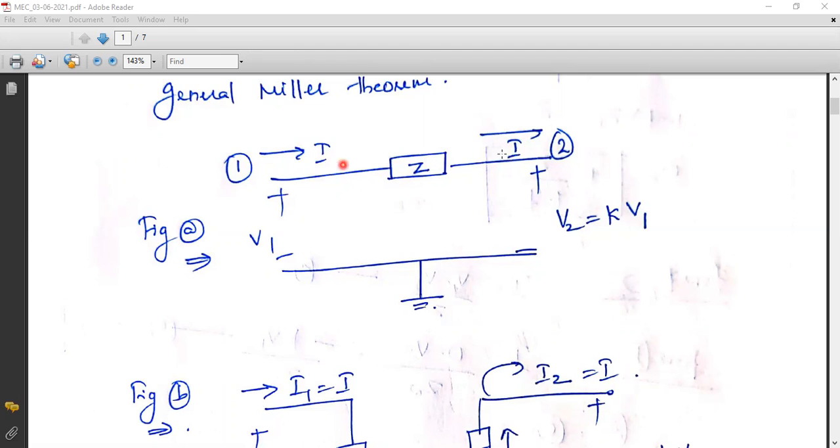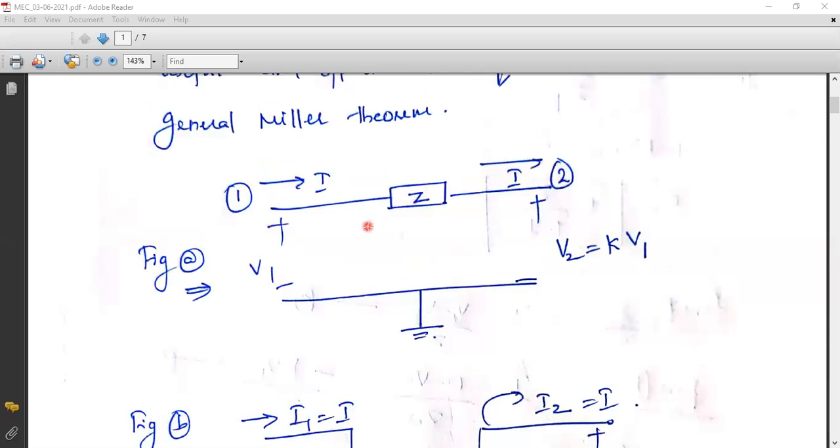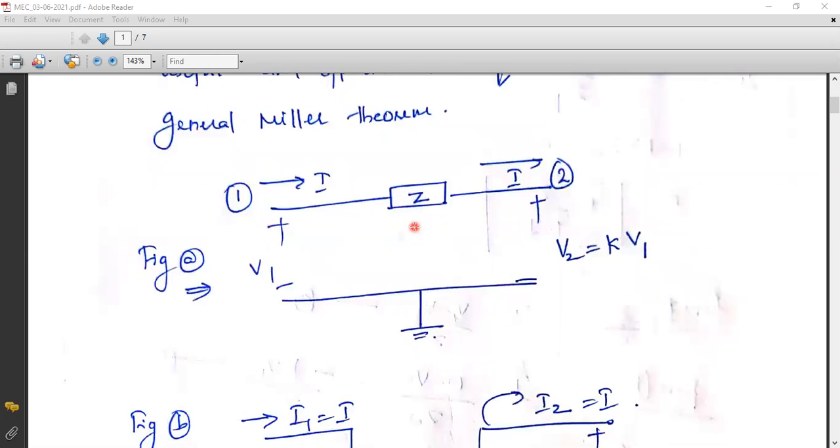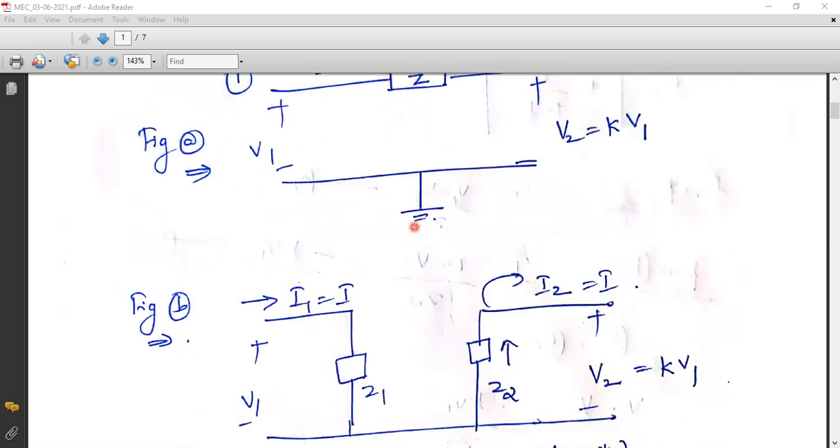There is no change for the input and output current. It will be the same as far as the two-port network is considered. And V2 is nothing but the amplified version of V1, where K is the gain. So by using this diagram, we will try to understand what Miller theorem is, or how you can redraw this circuit into a Miller equivalent.